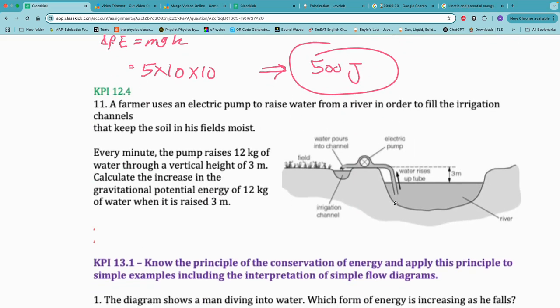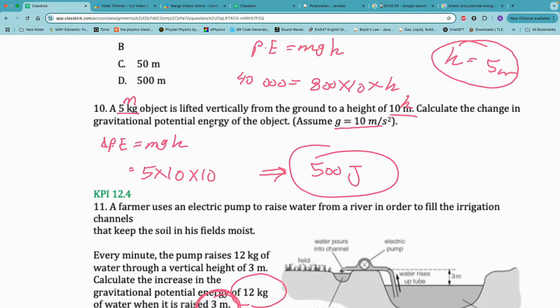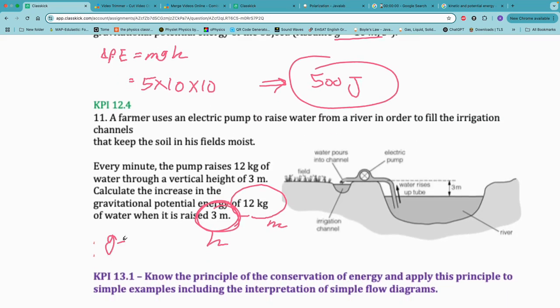Next, in this question we have information about gravity. This is the mass, obviously. Calculate the increase in the gravitational potential energy of 12 kilograms of water when it is raised to 3 meters. So obviously this is the height. Nothing is mentioned here about g, but we know it's 10.